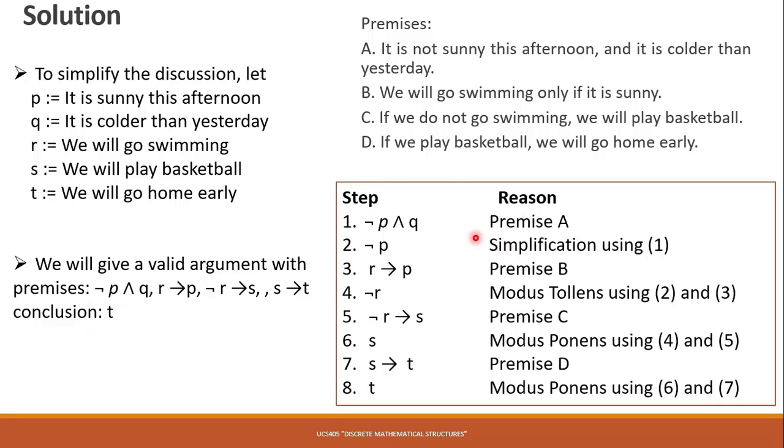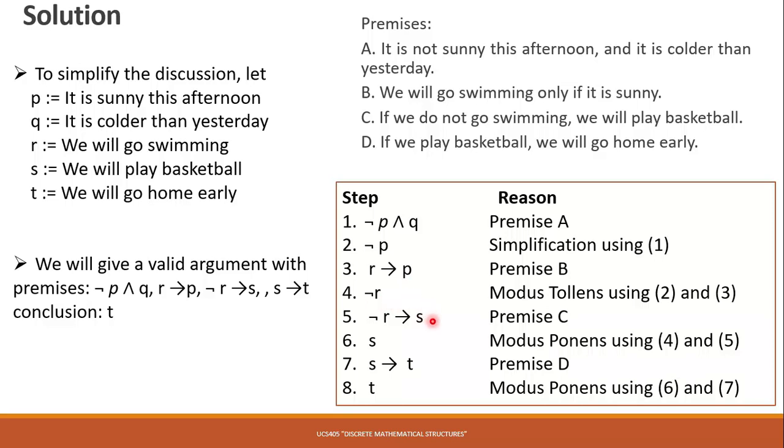So this is the solution. First premise is negation P and Q. Applying simplification on this first premise, we get that negation P is true. Second premise is R implies P. Applying modus tollens on negation P and R implies P, we get negation R is also true.